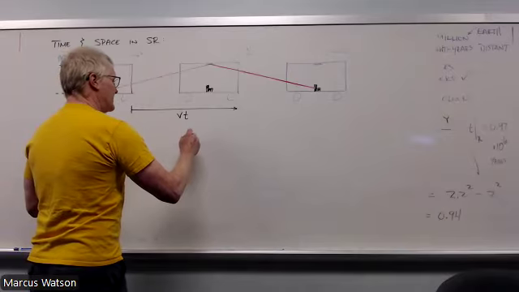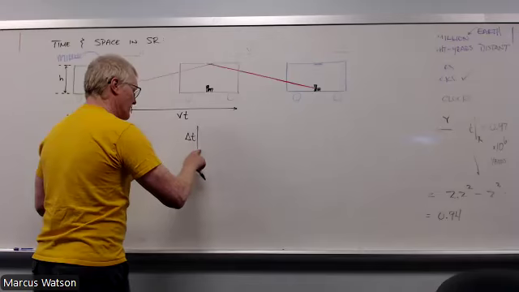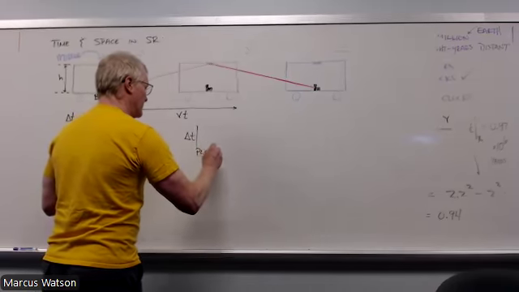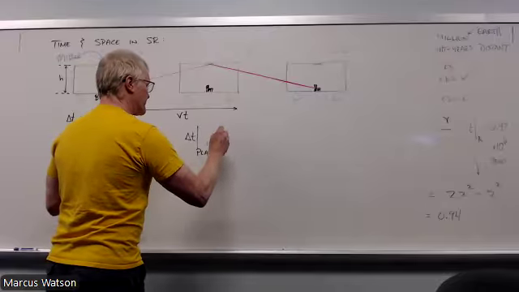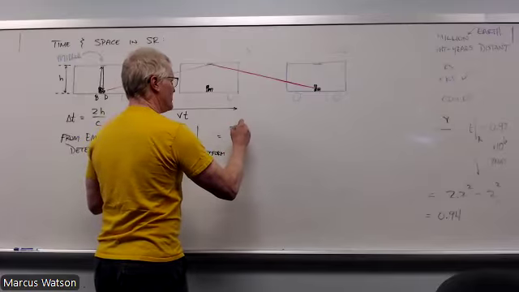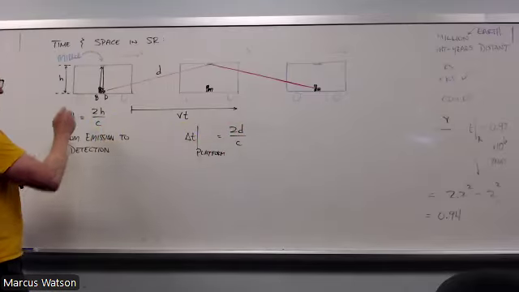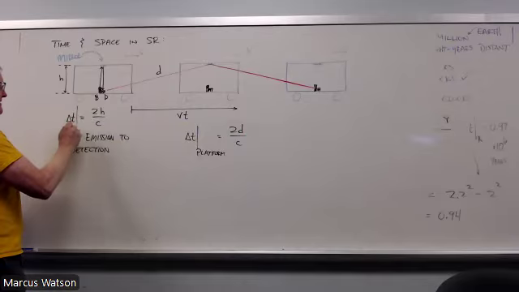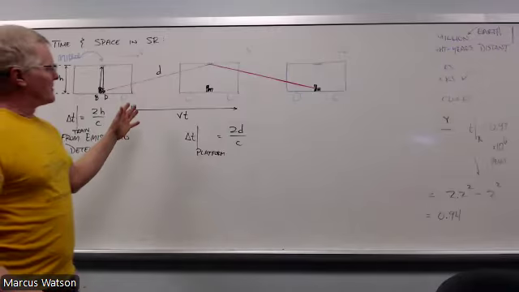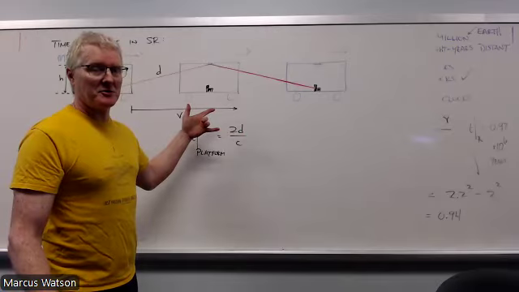Then delta t, as observed from the platform, is going to be 2d divided by c. I should note this as train. Where d is actually the hypotenuse of the triangle.